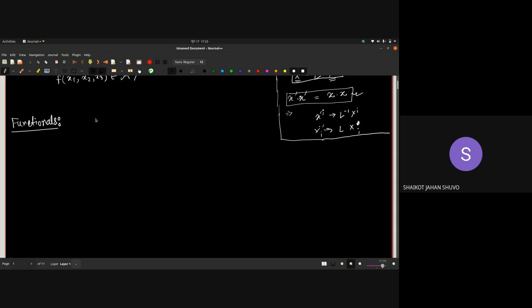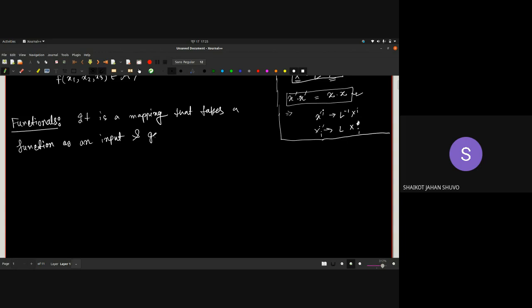So if I write it down, it is a mapping that takes a function as an input and generates a number. And by number, I mean scalar.